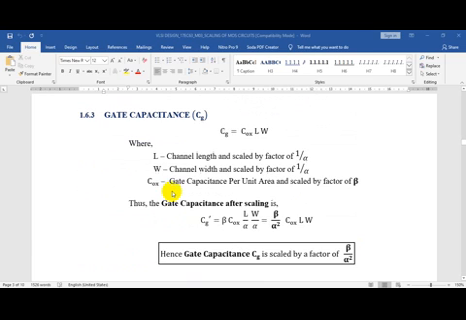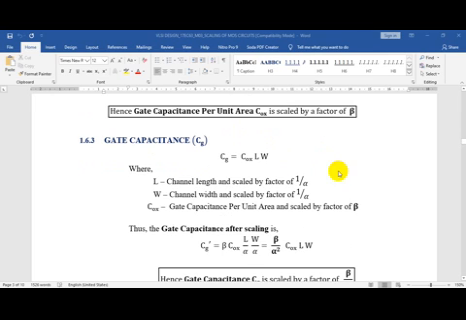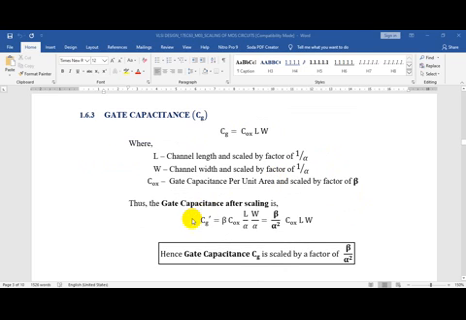The next is gate capacitance. It is given as Cox into length into width. So we already know the length and width are scaled by a factor of alpha, whereas Cox, that is the gate capacitance per unit area, we have derived earlier, it is scaled by a factor of beta. So the gate capacitance after scaling: Cox is scaled by a factor of beta, that's why Cox is replaced by beta into Cox.